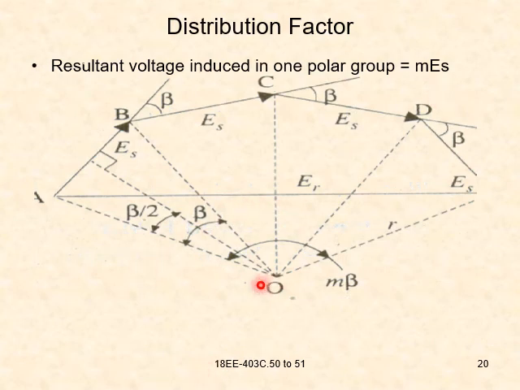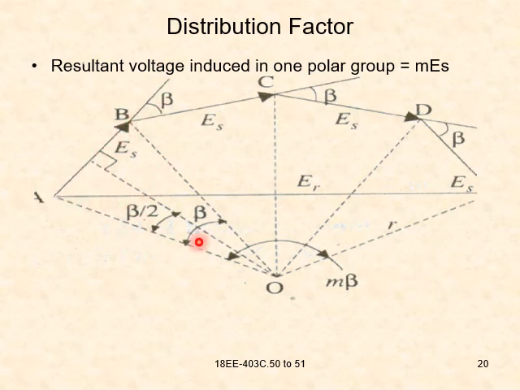You can see over here for multiple coils, let us consider this phase A to B, and at the center O we have an angle, and this is Es.